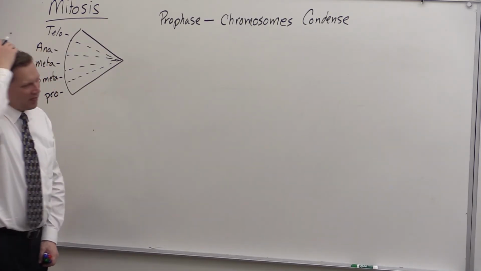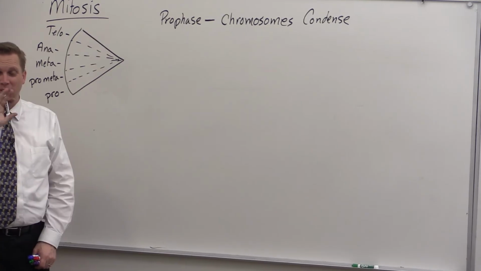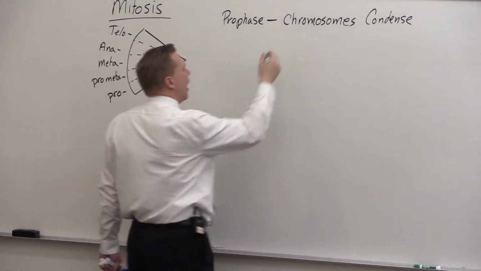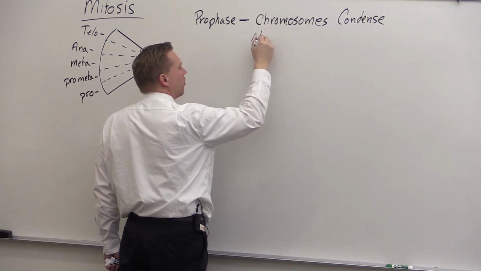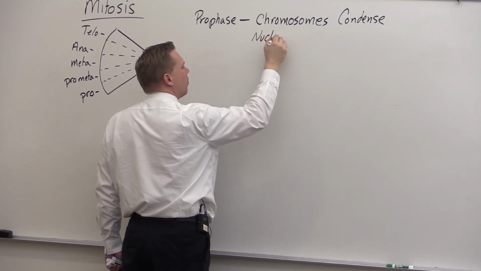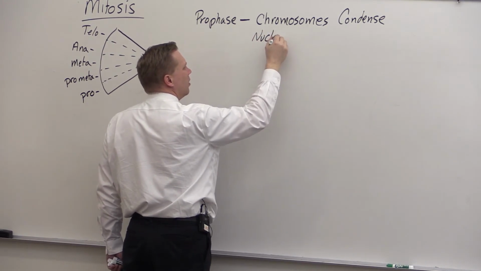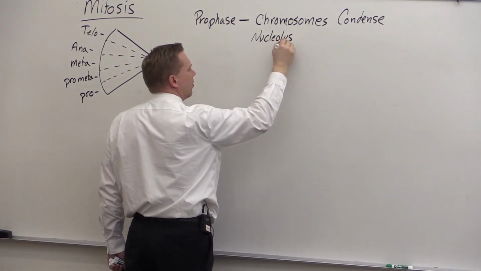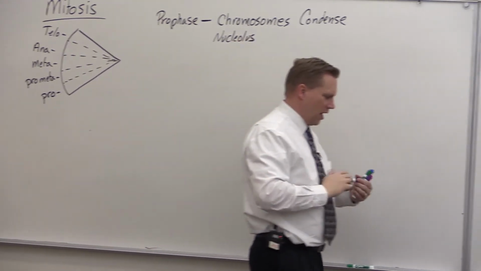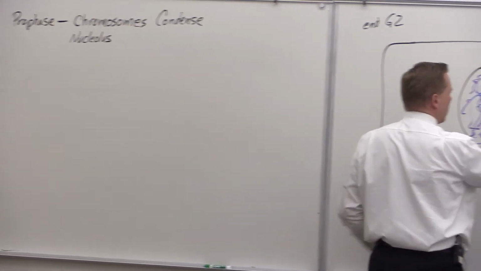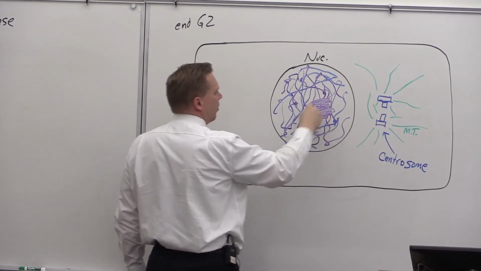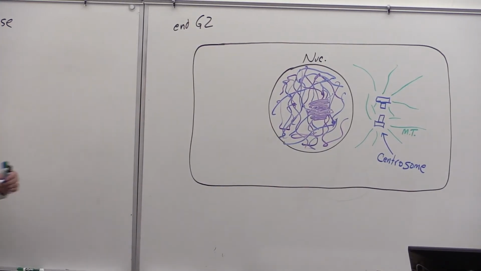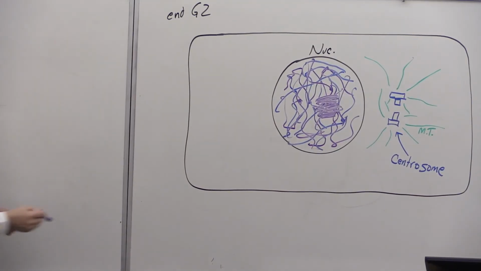There's also, this is not a big one, I don't really care, but you'll see this in a lot of textbooks. As the chromosomes condense, you remember when we talked about the parts of the cell earlier, there was a part inside the nucleus called the nucleolus. The nucleolus was kind of just a darker spot that you could observe inside the nucleus.